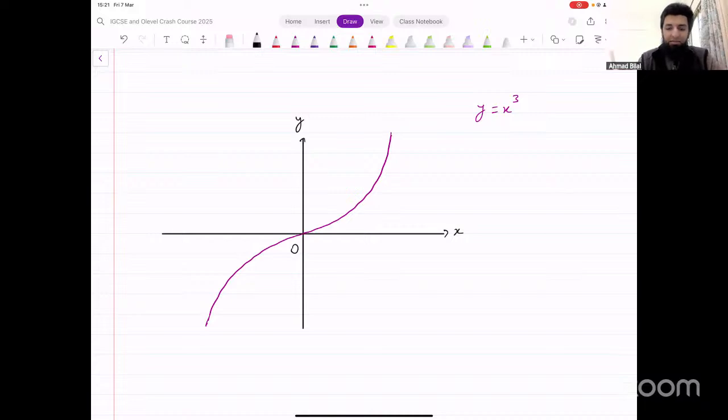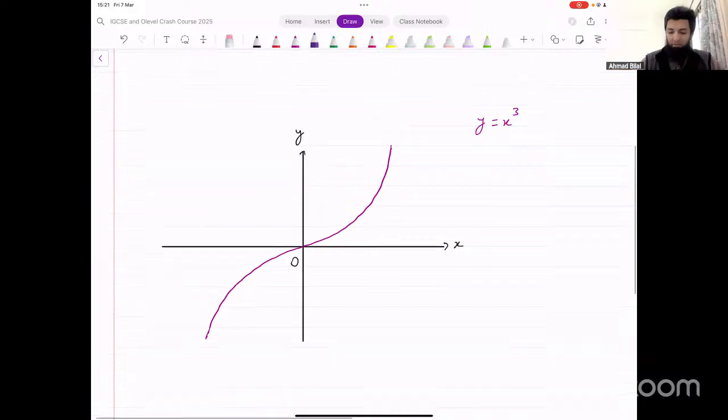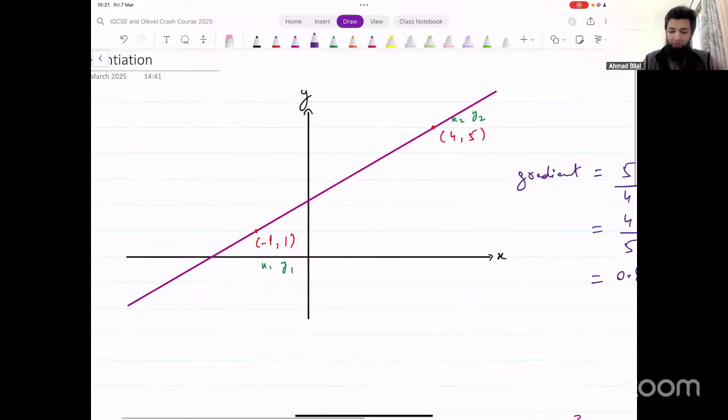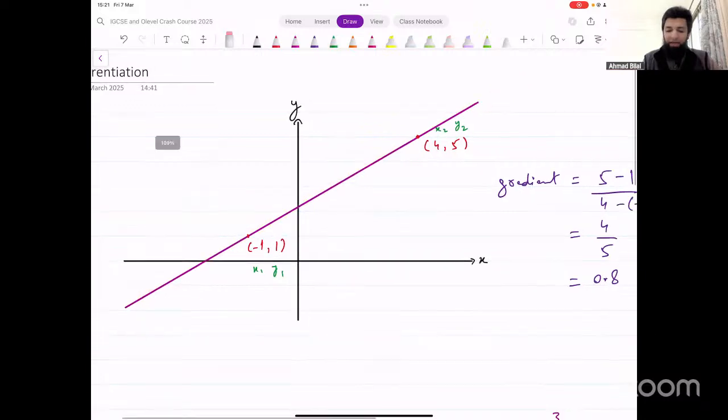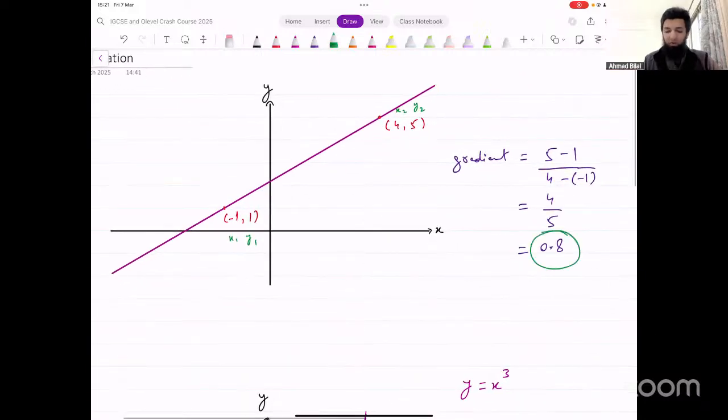Gradient represents the direction of the graph at any point. So if you have a straight line, it has the same direction throughout. It's not changing its direction. So for a straight line, the gradient is constant throughout. At every single point, the gradient is 0.8.